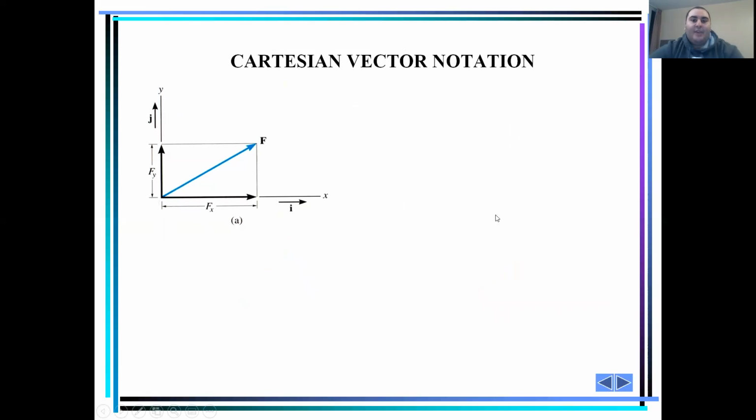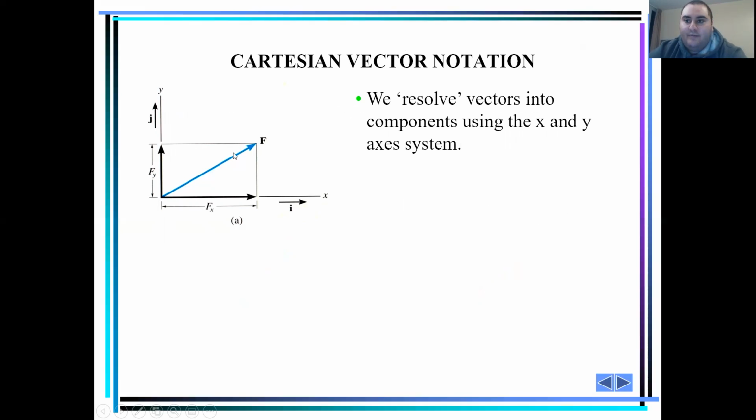For Cartesian vector notations, we're going to learn how to break down these vectors on the x, y axes. For example, if we have this F vector, we want to break it down to its x-axis component, or i, as we're going to call it from now on, and break down its component onto the y-axis, or j, from now on.